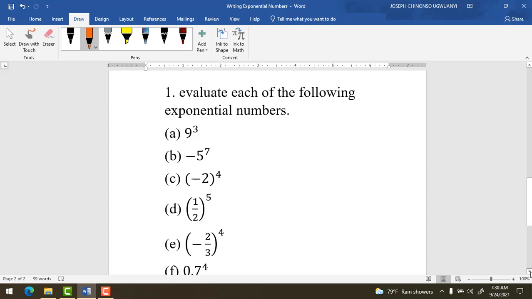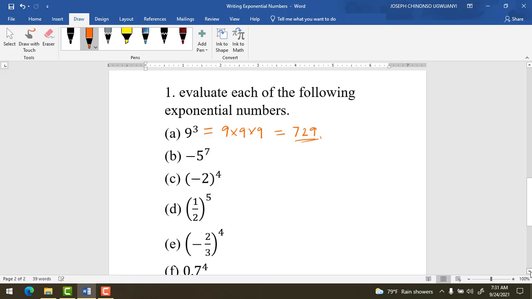The first one is 9 exponent 3, or we say 9 to the power of 3. How do we evaluate this? Of course, we already know how to do it. We say 9 times 9 times 9. And what is the answer? 9 times 9 times 9 is 729.